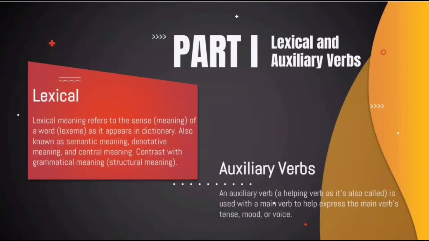Contrast with grammatical meaning or structural meaning. An auxiliary verb, or helping verb as it's also called, is used with a main verb to help express the main verb's tense, mood, or voice.